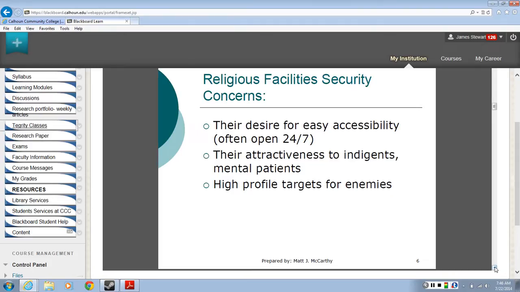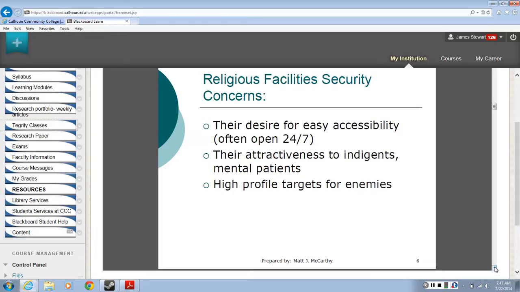Religious facilities, and these are really interesting. Now, what we're really talking about is churches, or some sort of church-run mission or something like that. Some of these facilities are open 24 hours a day. They actually reach out for the worst in society, because that's the Great Commission.